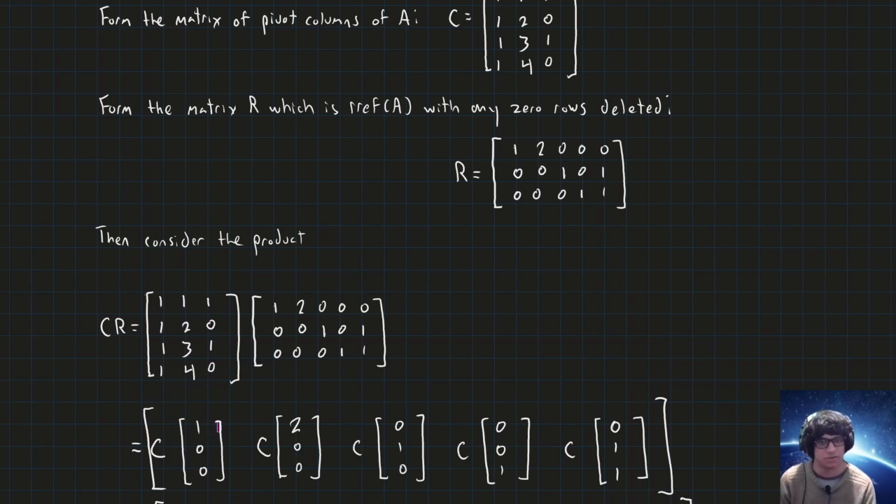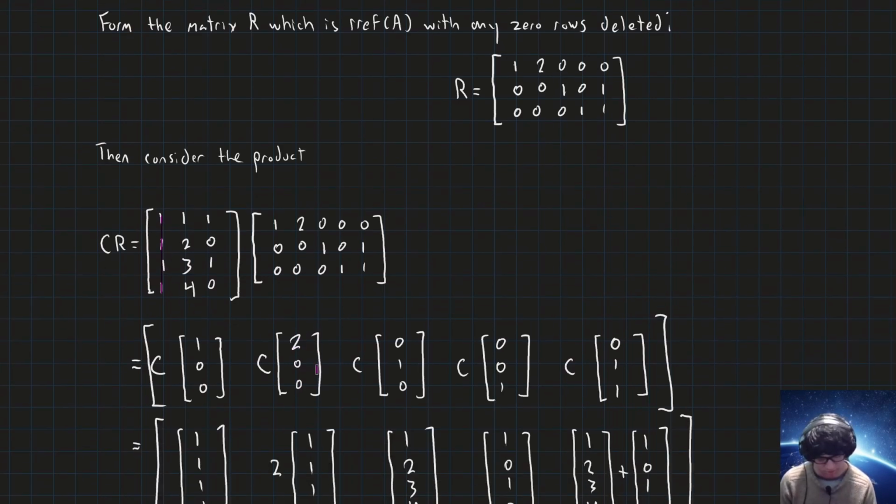The order is saying I want one copy of column 1. One copy of column 1 will be the product of C times this vector. So what does this vector want? It wants one copy of column 1. Let me scroll down here.